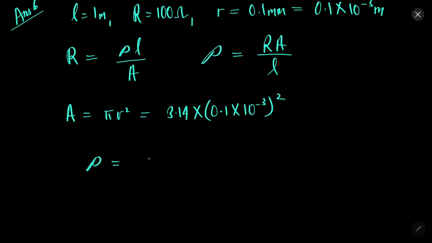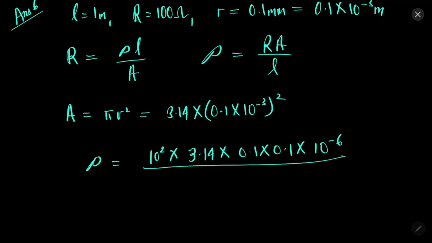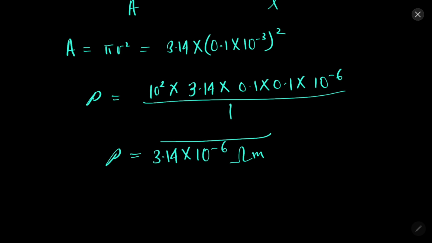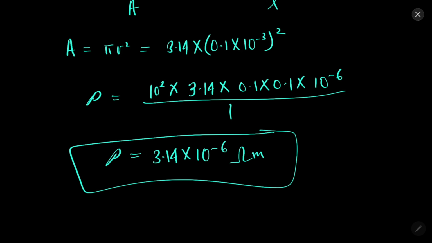So resistivity will be 100 or 10 to the power 2 into 3.14 into 0.1 into 0.1 into 10 to the power minus 6 over length, which is 1. So after solving this, resistivity will come out to be 3.14 into 10 to the power minus 6 ohm meter. Unit of resistivity is ohm meter.